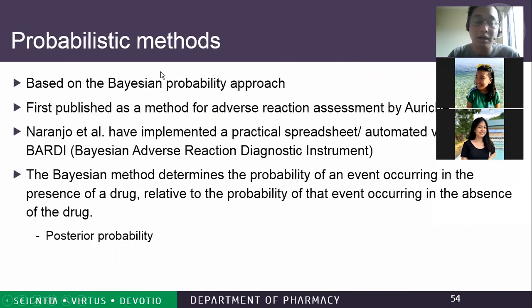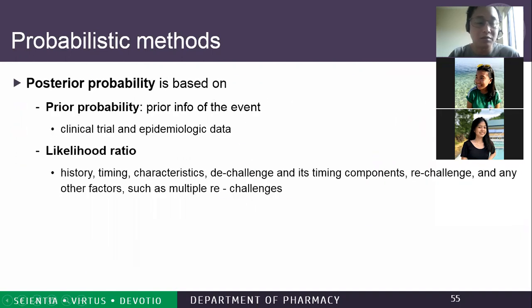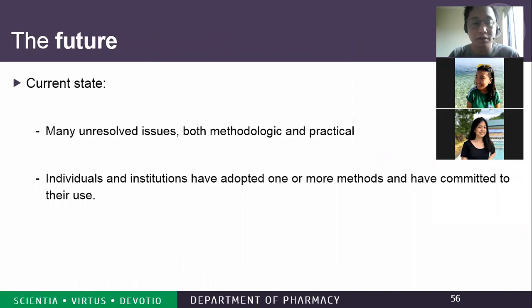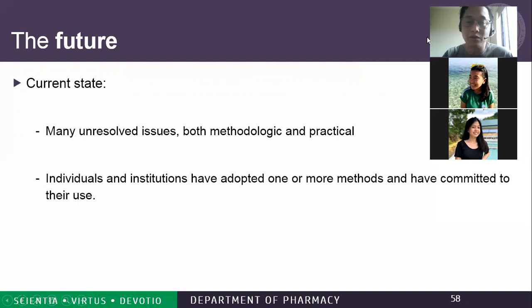The last group is the probabilistic methods, and they use the Bayesian approach. I don't really understand this, but it is now becoming popular. And then the future: there are many unresolved issues, both methodological and practical. Individuals and institutions have adopted one or more methods and have committed to their use.